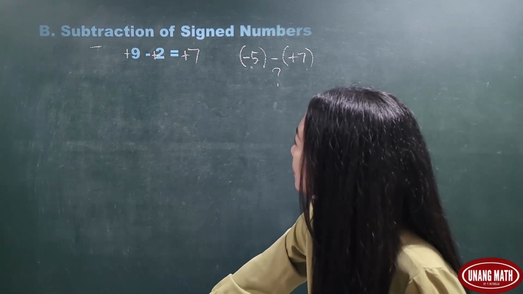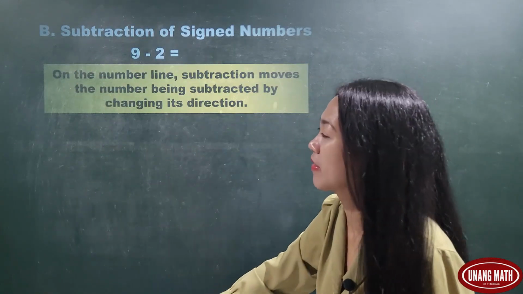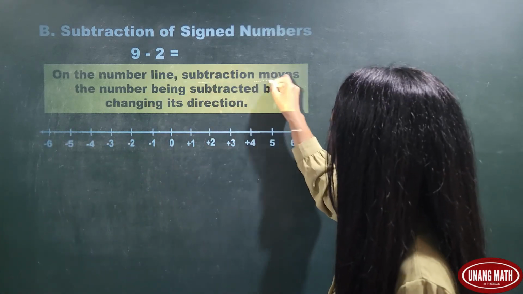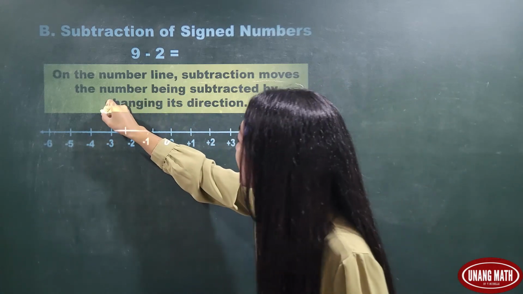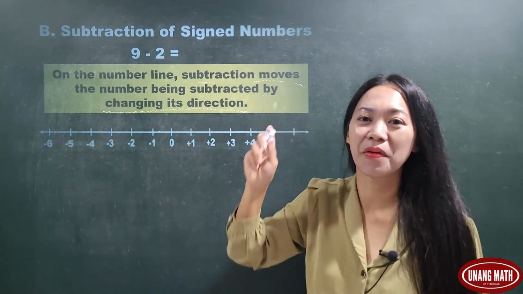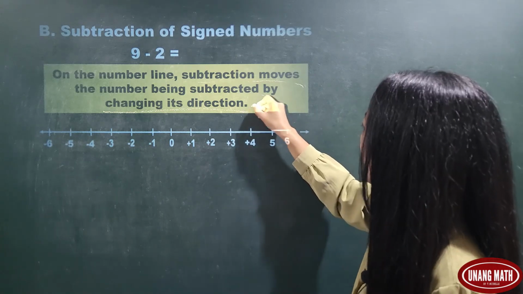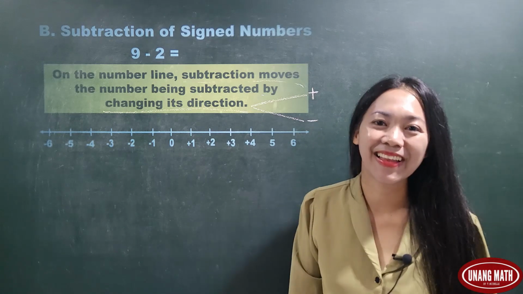In subtraction of signed numbers using the number line, we need to remember this. On the number line, subtraction moves the number being subtracted by changing its direction. What does it mean by this? Direction can either be positive or negative.